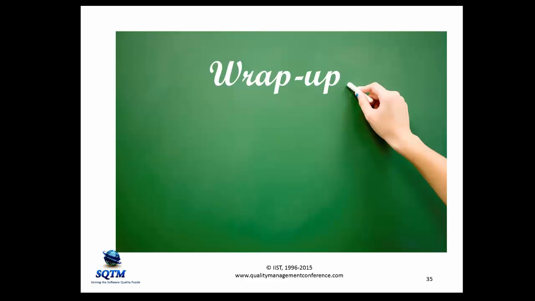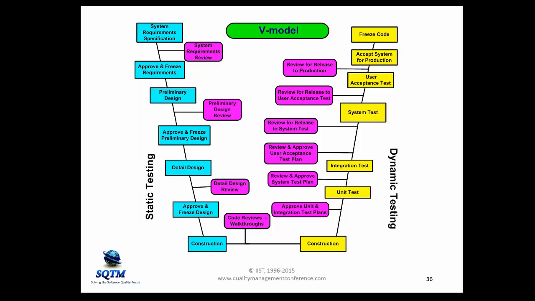So, wrap up. We've covered a lot of information here, and I hope it's good information for you. We've looked at where this SQA program fits, and how all three elements fit into a life cycle. All three have a function during the life cycle, and you need to be aware of that and work it.